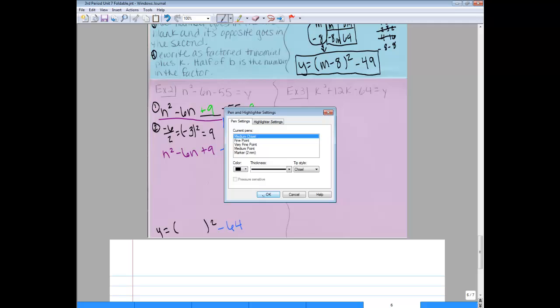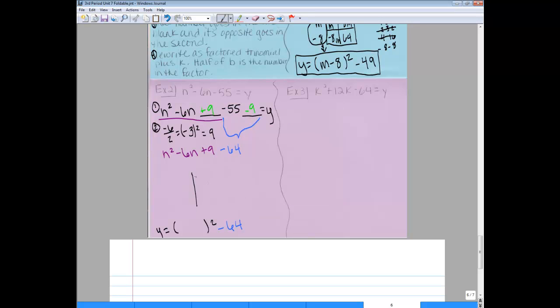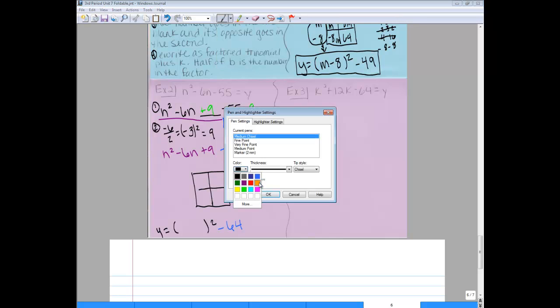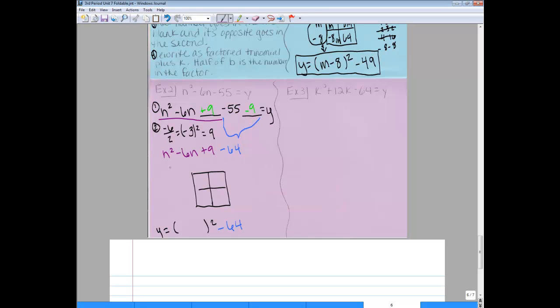So we need to factor the purple part. N squared, 9 over here, factors of 9: 1 and 9, and 3 and 3. Which one will give me this -6 here? Well, -3 and -3. -3n, -3n.